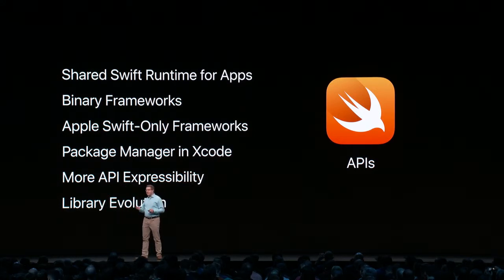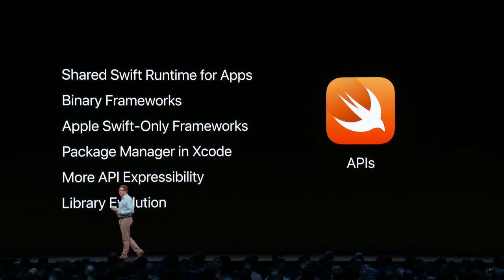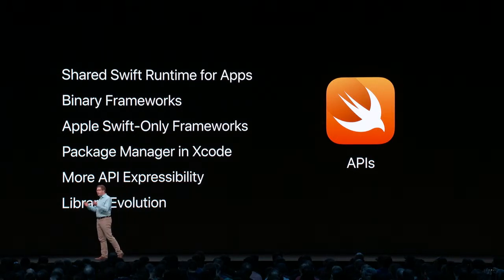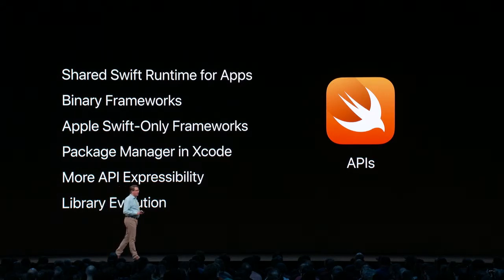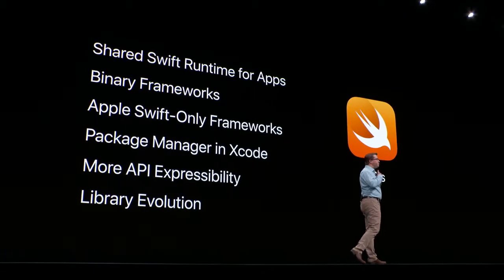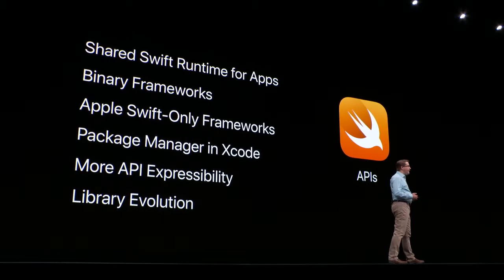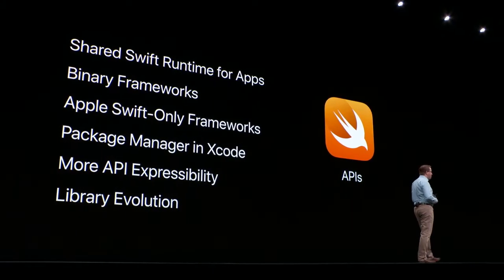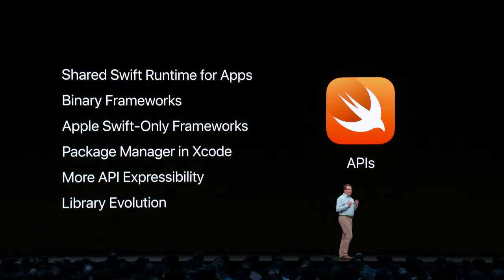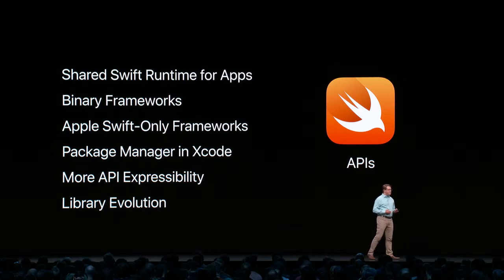Further, the integrated support of the Swift Package Manager within Xcode brings Swift packages directly into the core workflows for app development. And the Swift language itself has grown new affordances for building beautiful and rich APIs and capabilities for expressing API evolution. It's a really, really exciting time for the language and in the story.